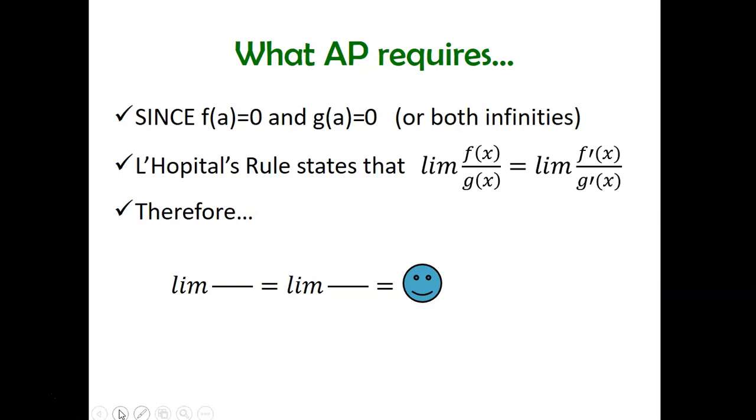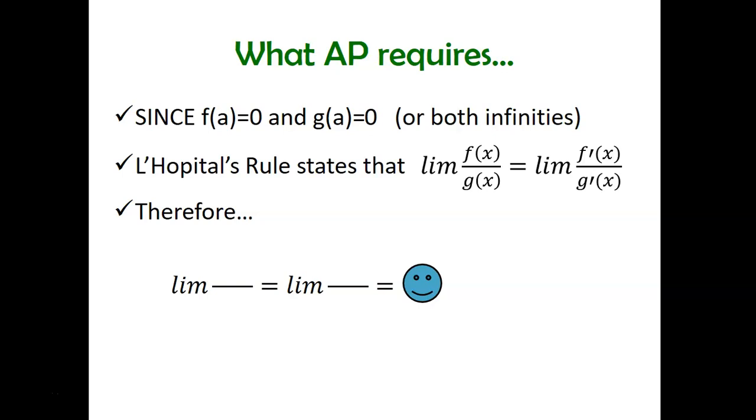So when you are doing your L'Hopital problems, just like when you did your value theorems and you had to say, since it's continuous on a closed interval, and since this is true, MVT states that this is true, we have to do the same thing for L'Hopital. So the first thing that we have to do is evaluate our limit and show that we're getting a 0 over 0 or infinity over infinity.